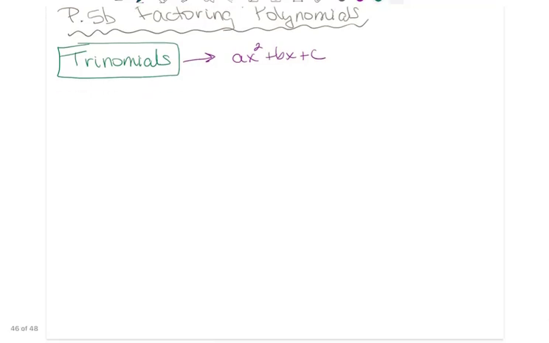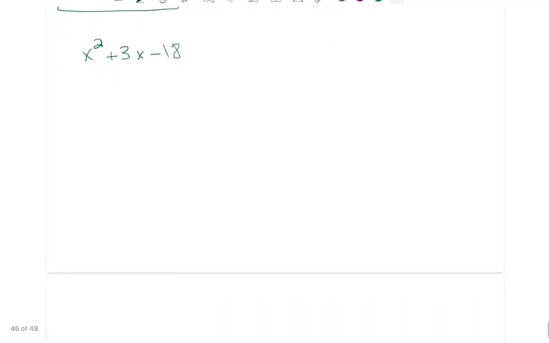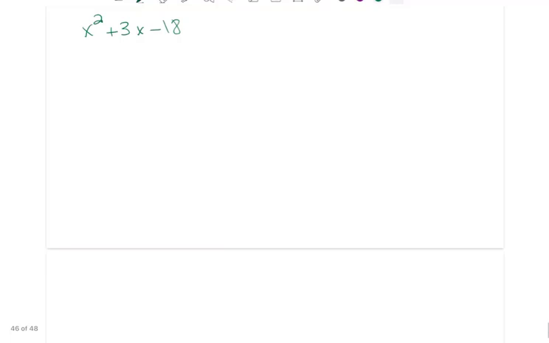Alright, so let's say we have x squared plus 3x minus 18. Squeeze it up a little bit for you guys. So we got a cute little trinomial, and we want to figure out the factors.